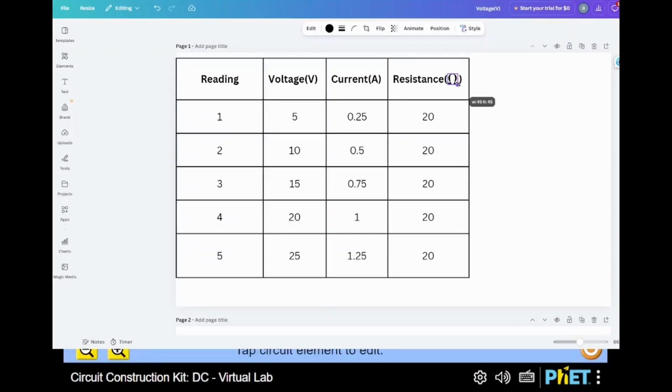So then what's the next step? The next step is to graph the results. I will graph the current versus voltage. I'll first make a scatter plot, and then draw the line of best fit.